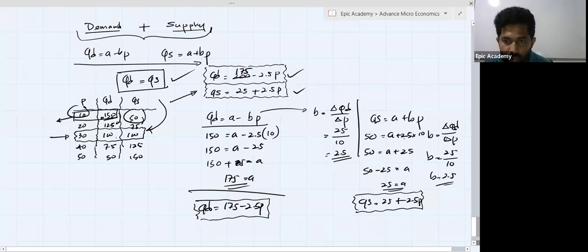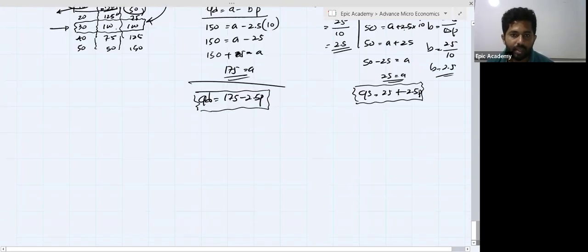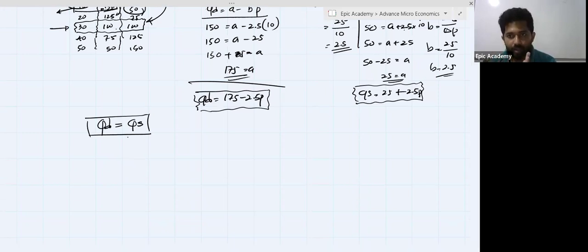So if you have the two equations, it is now easy to identify the equilibrium position using them. When the equilibrium is there, quantity demand must be equal to quantity supply. That's the theory.